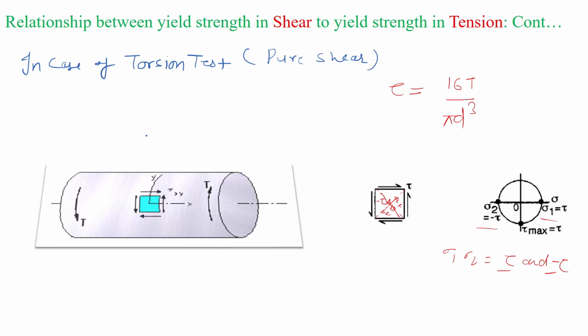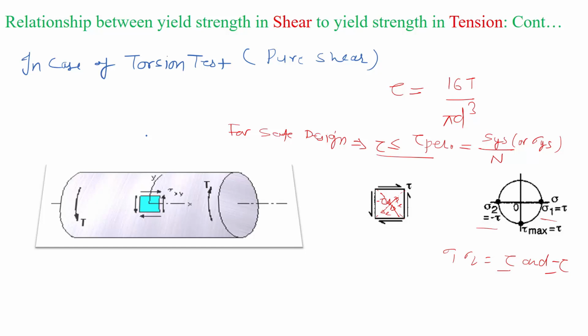And for safe design, tau must be less than tau permissible, and tau permissible is SYS over factor of safety, or we can also write sigma ys according to our nomenclature. So tau must be less than or equal to sigma ys over n.